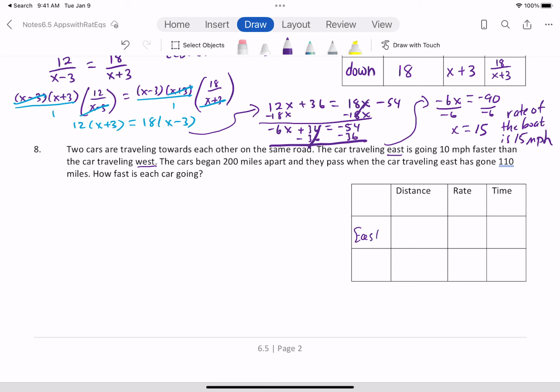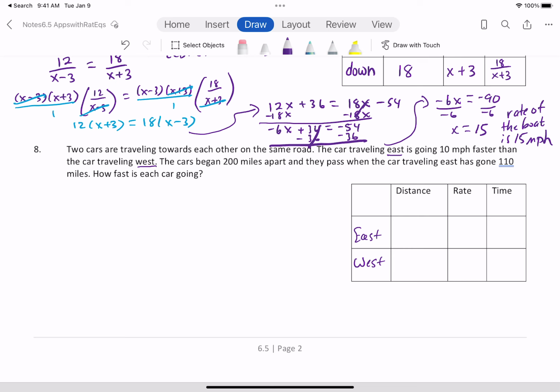We're going to have east and west. The cars begin 200 miles apart and they pass when the car traveling east has gone 110 miles. How fast is each car going?